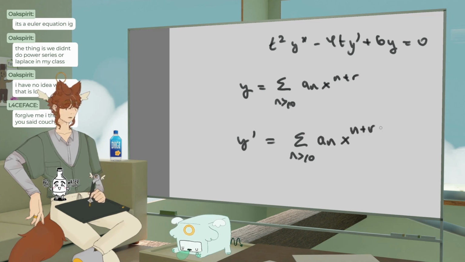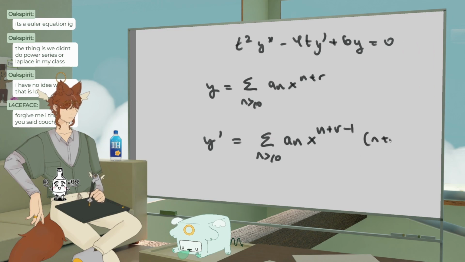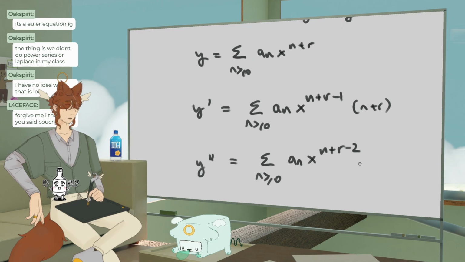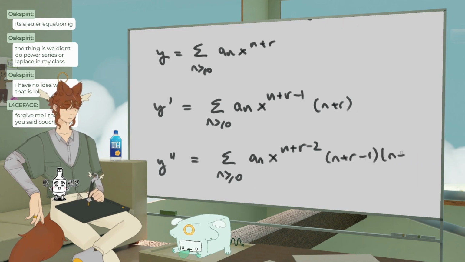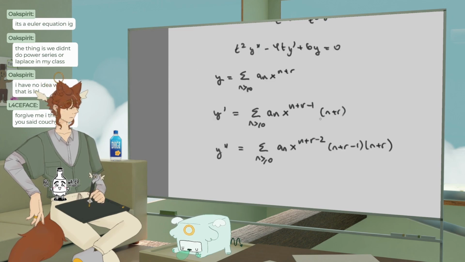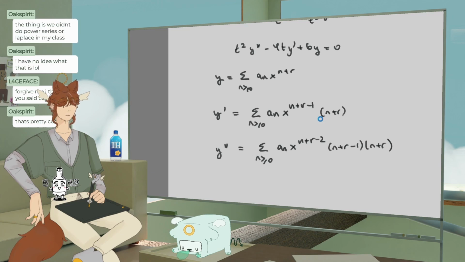We say n plus r minus 1 times n plus r. We're just taking derivatives of this power series. And then for the second derivative, the sum from n equals 0 of a_n x to the n plus r minus 2, times n plus r minus 1 times n plus r. And then you just plug that into your differential equation. You're going to have to do your orphaning terms and stuff. I don't know if you've done power series. It says we didn't do power series or Laplace in my class.